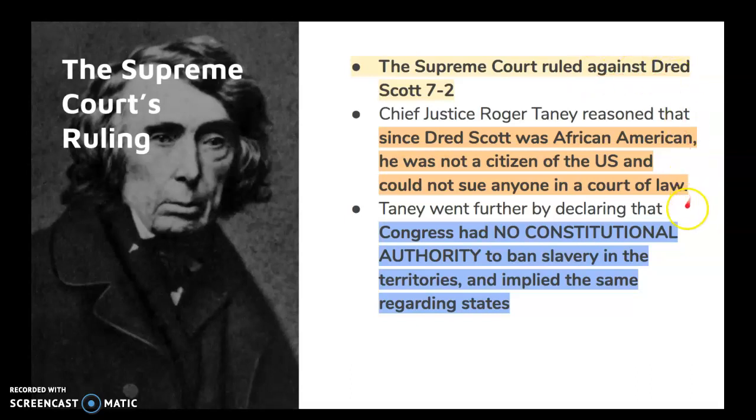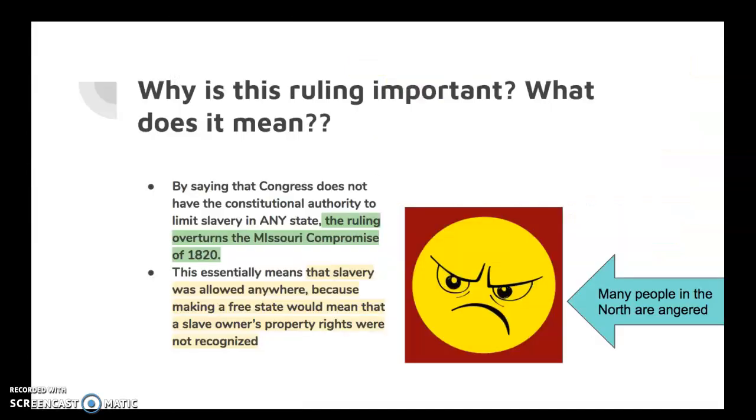Taney then went further by declaring that Congress had no constitutional authority to ban slavery in the territories, and this also implied the same thing regarding states, meaning that there was an implication, or they hinted at without actually coming out and saying it, that Congress had no constitutional authority to ban slavery in any of the states because that meant that you were restricting somebody's property rights because they viewed slaves as property, not as human beings.